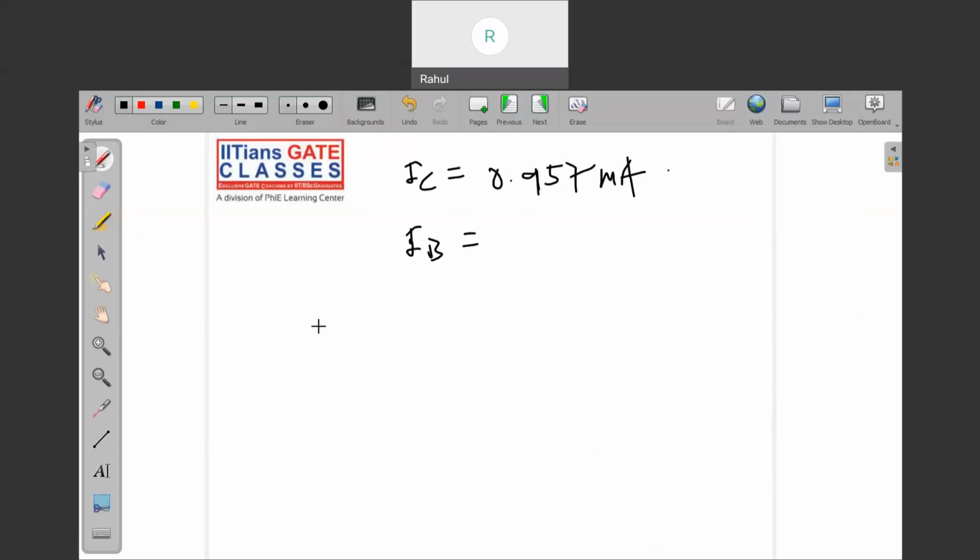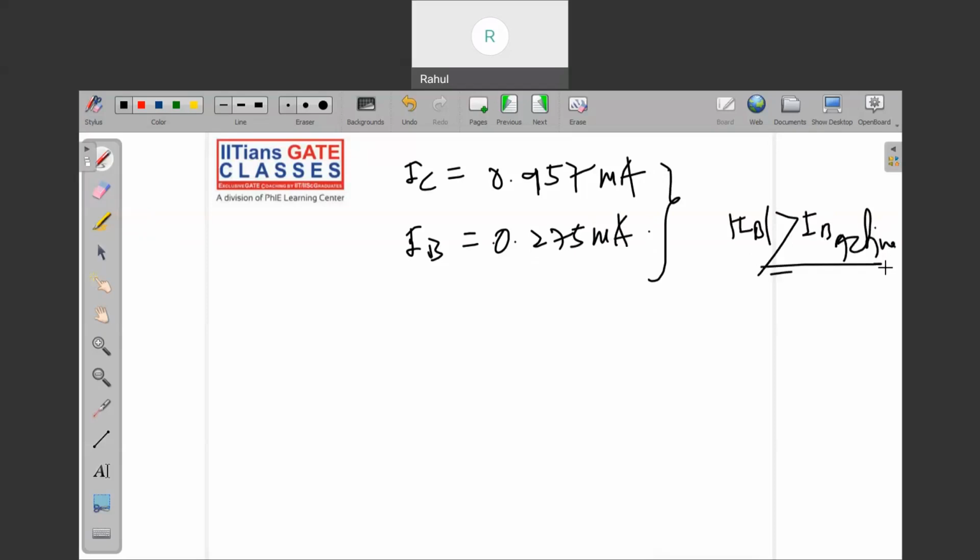Here you can see IB is comparable, 0.275 milliampere, meaning IB is greater than IB active. So that's why it is in saturation.